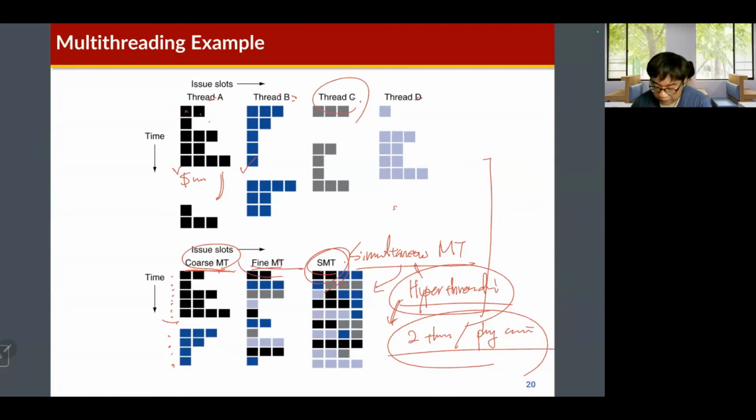And in fine-grained multi-threading, the thread is changed every cycle. In cycle 1, thread A is selected, and in cycle 2, thread B is selected.